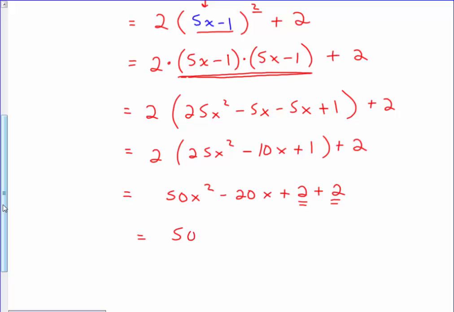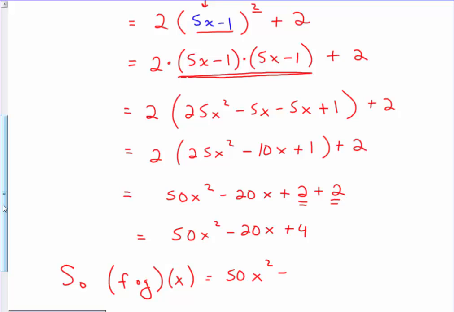So our final answer would be 50x squared minus 20x plus 4. So f composed with g of x equals 50x squared minus 20x plus 4.